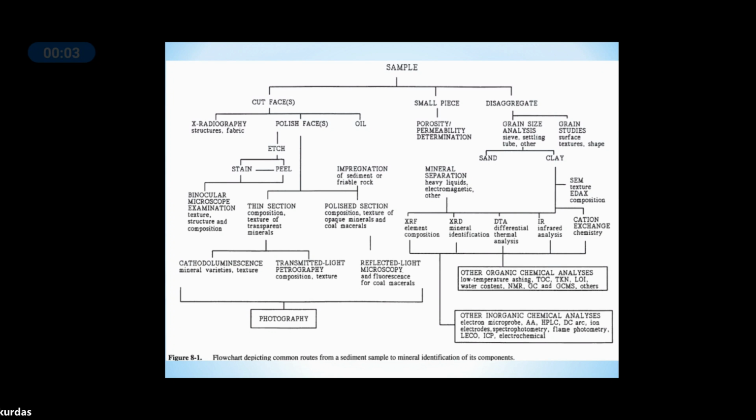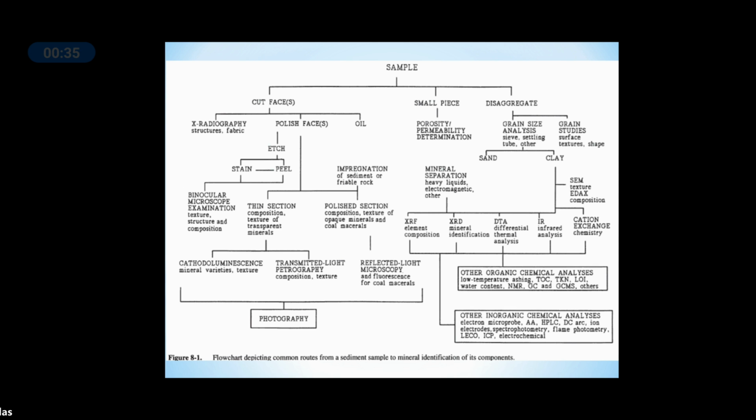This is the flow chart of various methodologies or lab techniques which are used in a sedimentary lab, and you just go through this. You don't have to worry looking at so many things here. You can just take a broad view of the methods like thin section analysis. Then there are porosity and permeability measurements from small pieces, that is, from core plugs.